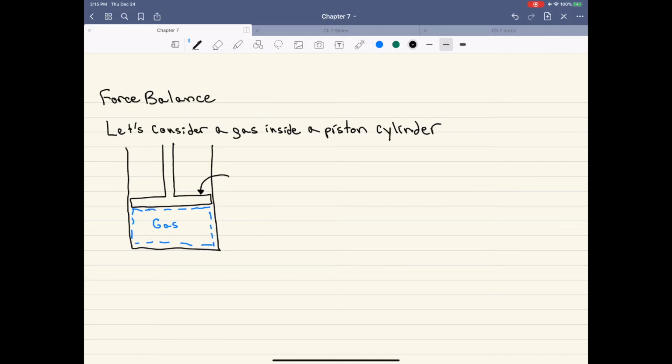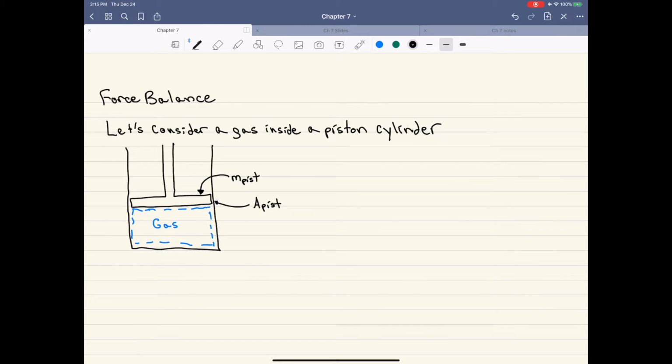I'll say that the piston is not a weightless piston. It's going to be made of metal or something, and so it's going to have a mass. I'll also say that the piston has some sort of cross-sectional surface area as well. And underneath the piston we have a gas.